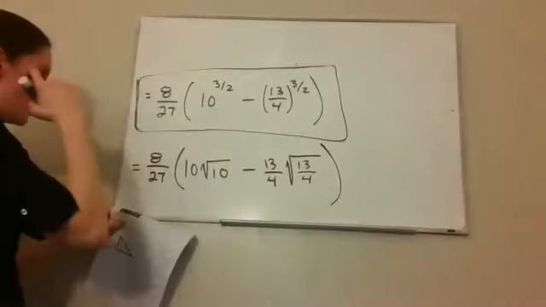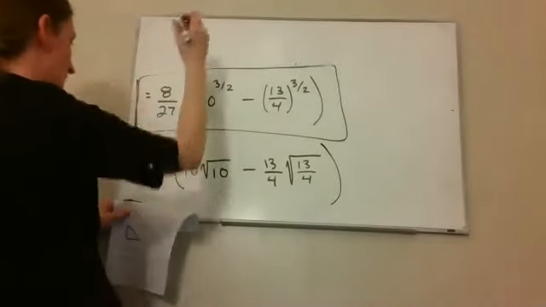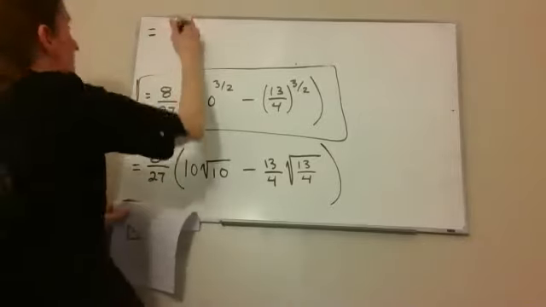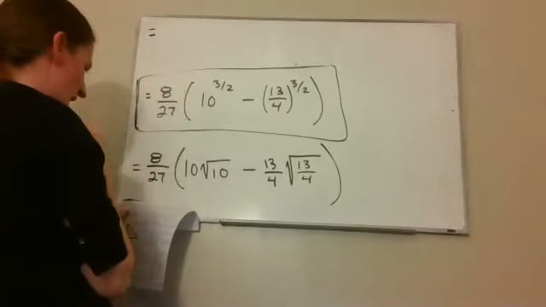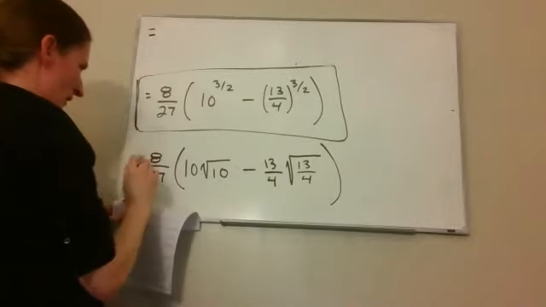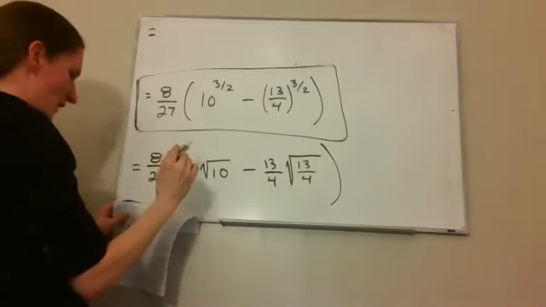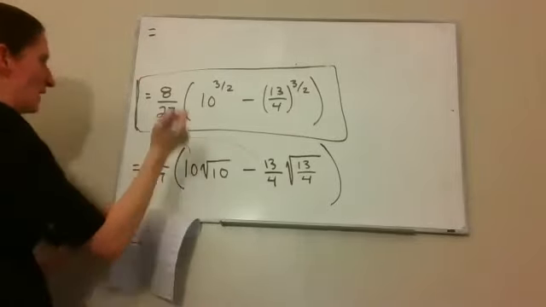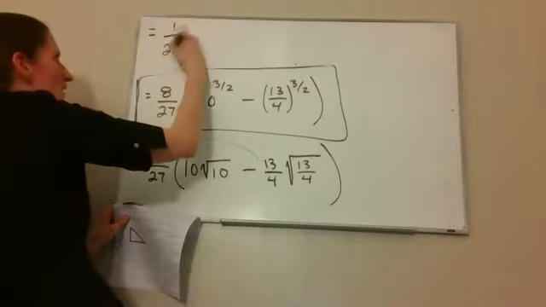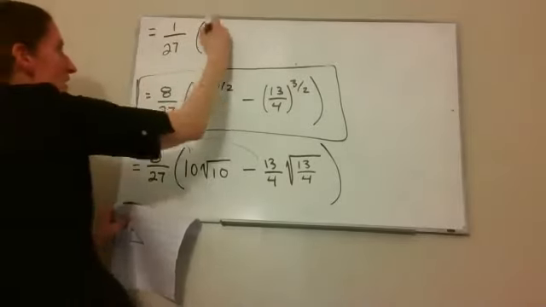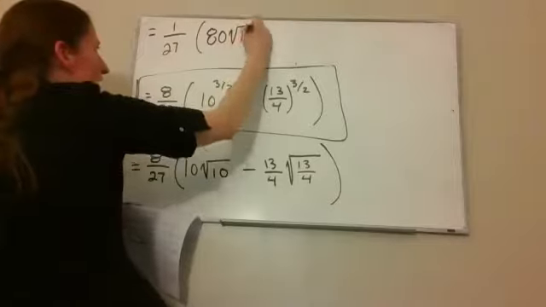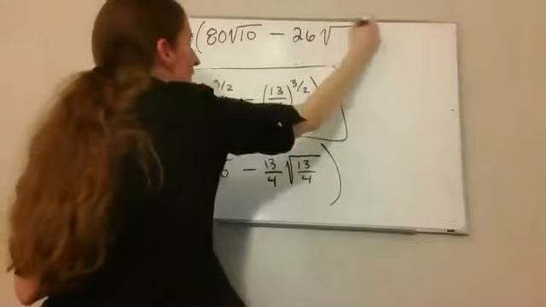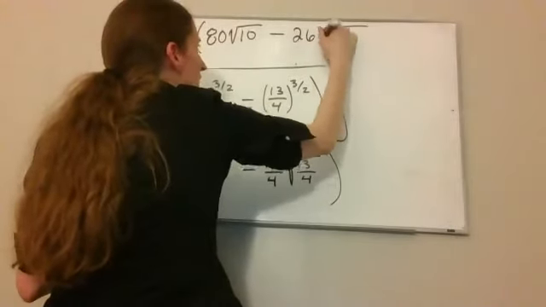Simplifying this a little bit, I'm going to go ahead and just make it a little bit prettier. I don't like having all these fractions here. So I'm going to distribute just the 8 through and leave the 1/27 on the outside. If I distribute that 8, I get 80 square root of 10, minus 26 square root of 13/4.